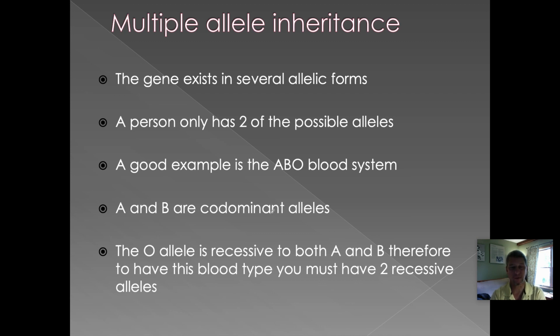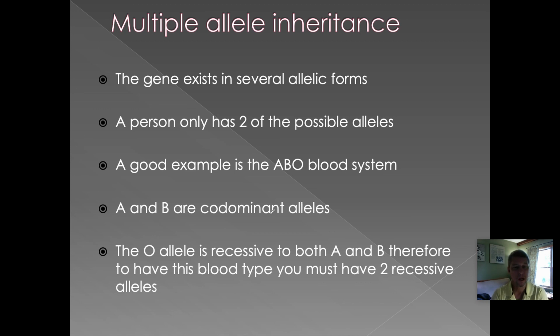The recessive allele is what we call the O allele, and it's recessive to both the A and B alleles. So, in order to have a blood type O, you have to have two copies of the recessive allele. Now, blood type O is very, very common, meaning that the recessive allele is far more common in the population than either of the two dominant alleles.